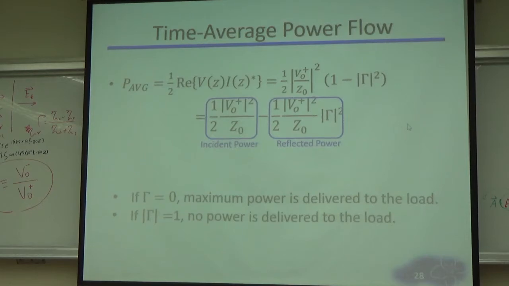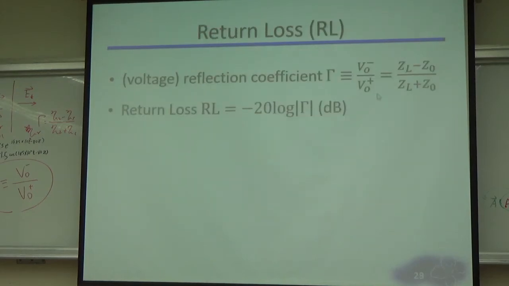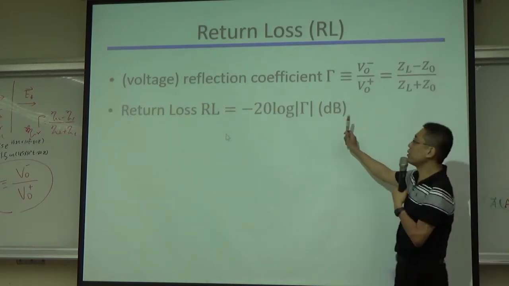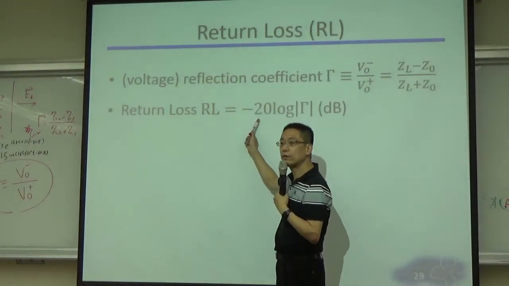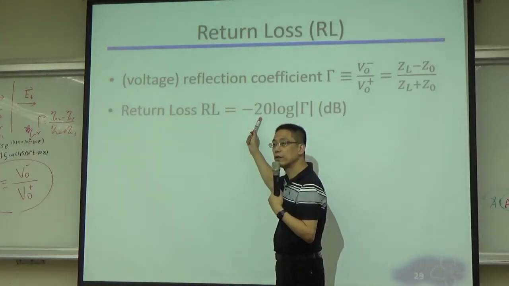You can check the time average power flow from your textbook. And this is written notes, as I said. I think I already mentioned this a couple days ago in our meeting.